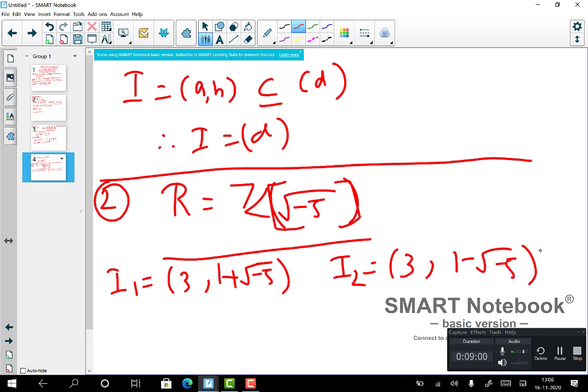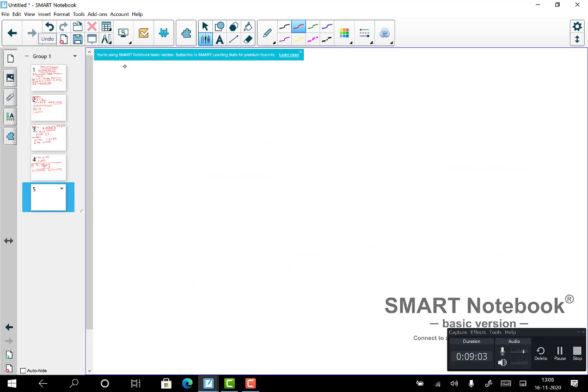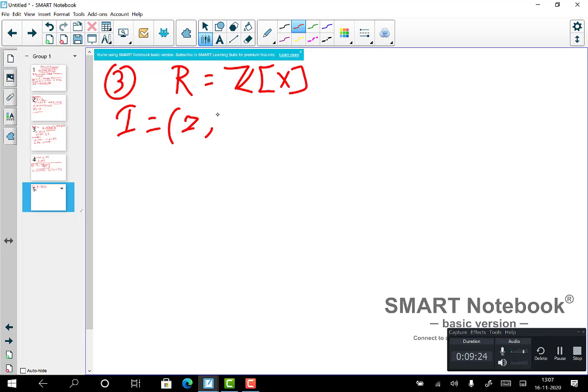Maybe one of the most important examples I should say is that you take the ring of integers and then the polynomial ring over that, with respect to addition and multiplication of polynomials. Now we find out that this is also not a principal ideal domain.